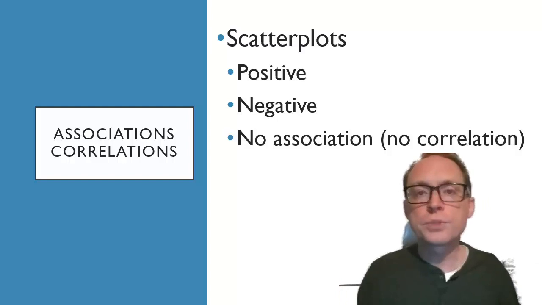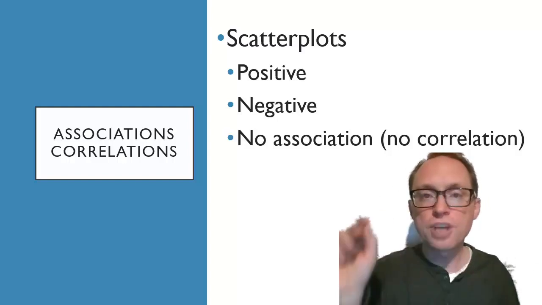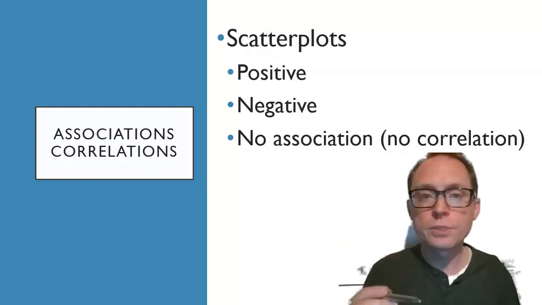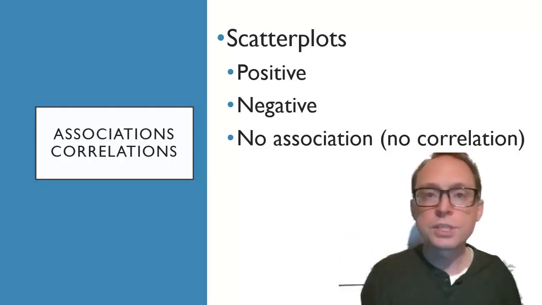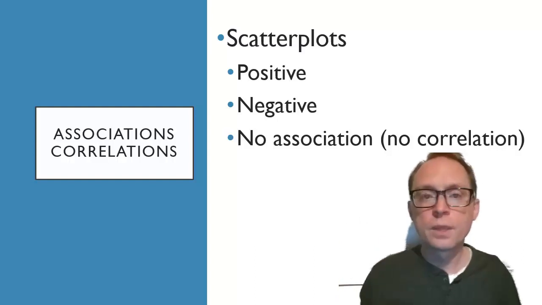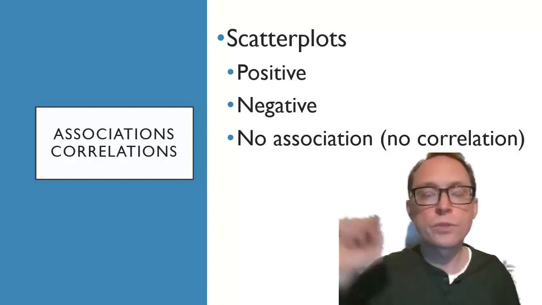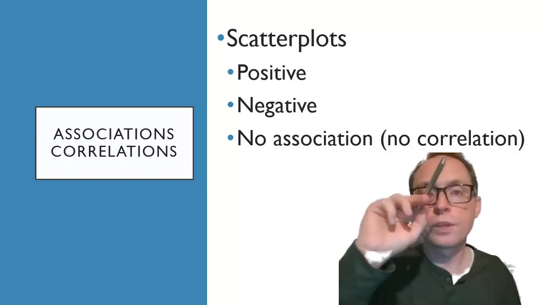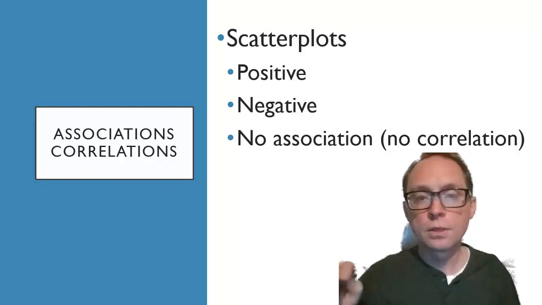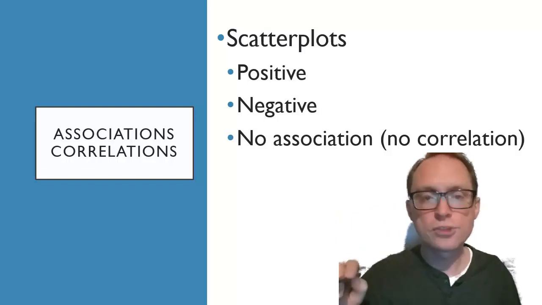The scatter plot takes each person and gives them a dot in terms of how much they have of each of the two different variables. And then we look for a line of best fit to see what the association is. If the line is going up, as one thing goes up, the other goes up, that means we have a positive relationship. If, as one thing goes up, the other goes down, then we have a negative relationship.